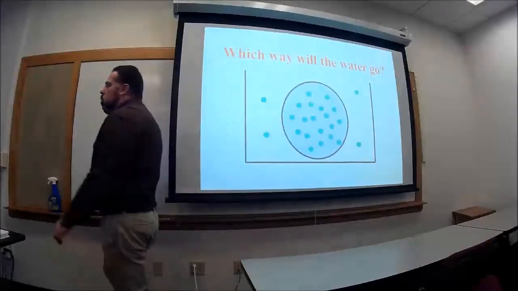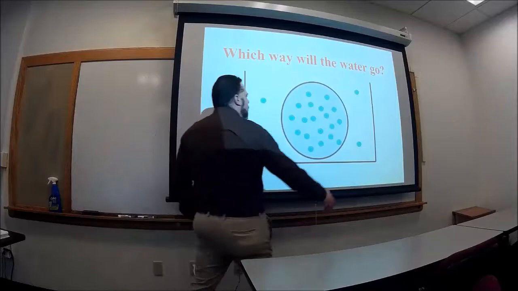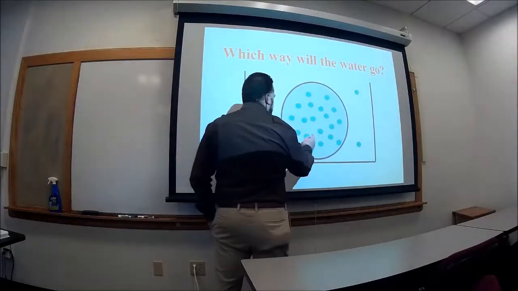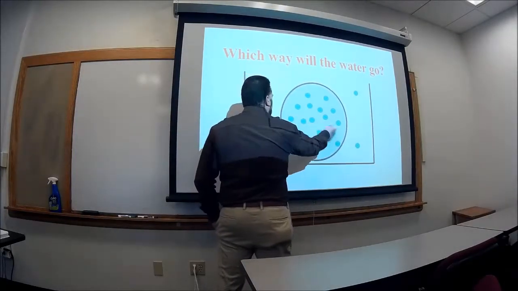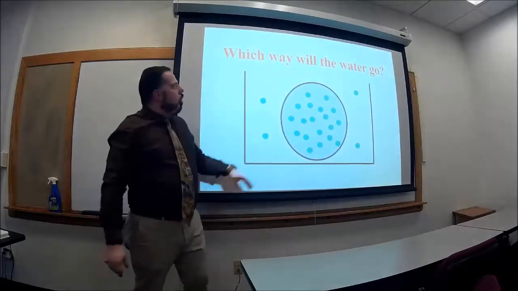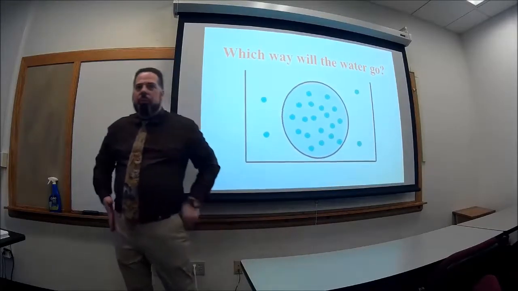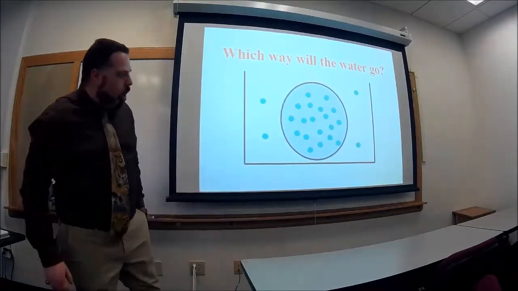So, which way will the water go? If you have a cell, let's do a little interactive thing here. If you have a cell over here, and let's say these are sodium ions inside here, and then you have sodium on the outside. You're putting this cell into what type of solution when you compare it to itself?